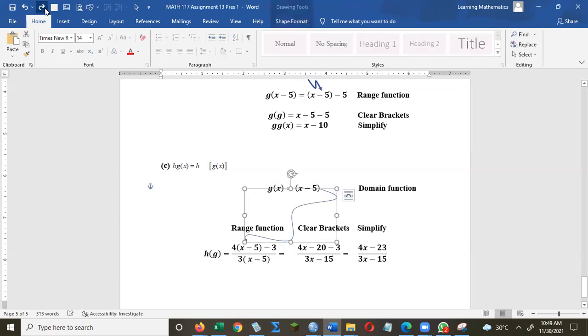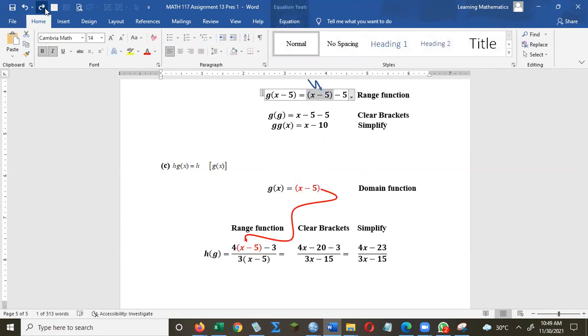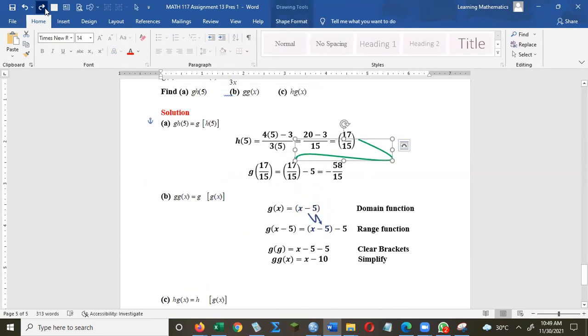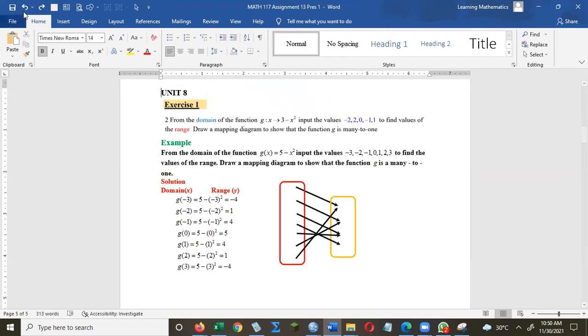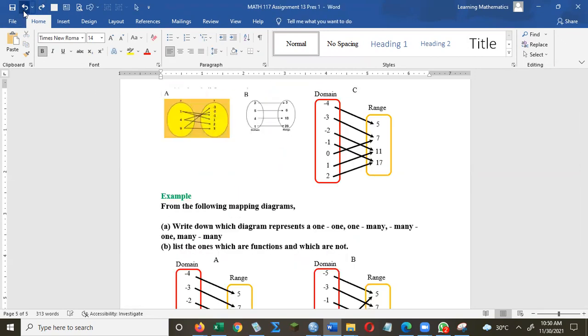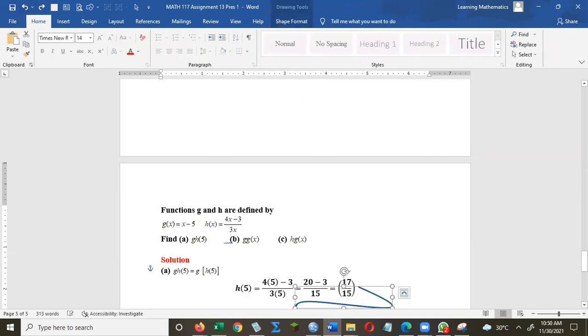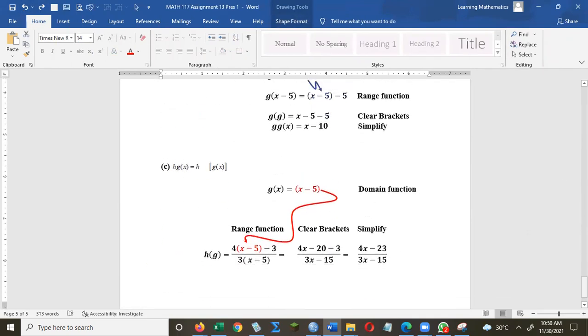This arrow indicates the domain function going into the range function.